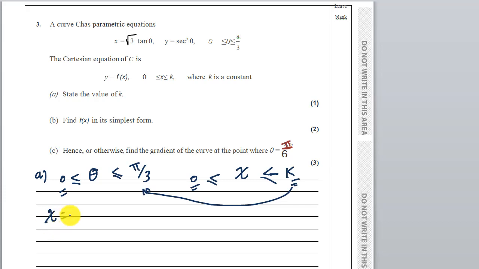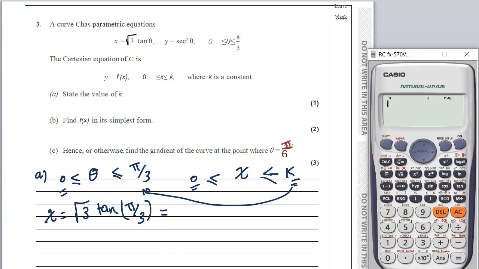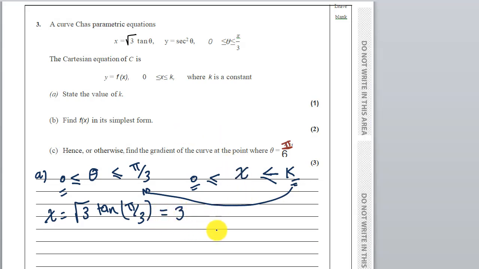So x equal to square root of 3 tan pi divided by 3, so it's equal to square root of 3 by tan 180 divided by 3. So the answer is equal to 3. So k equal to 3.